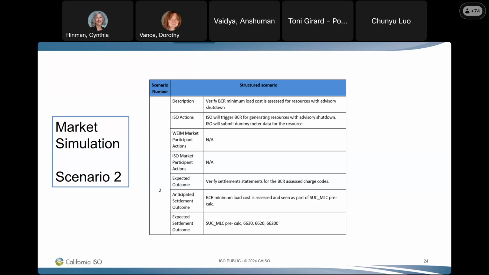So I think from a market sim perspective, it sounds like market participants only need to settle pre-market. The only option sounds like we just need to register the resource and submit bids. And also, I agree with Inchman, you guys can manipulate the data to have the deviation, have the UIE.